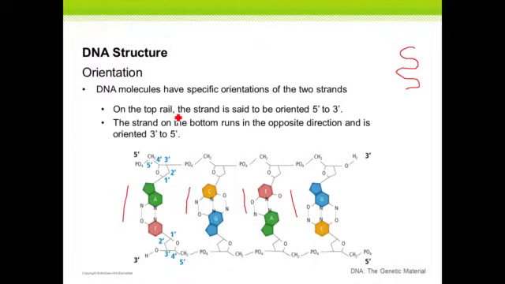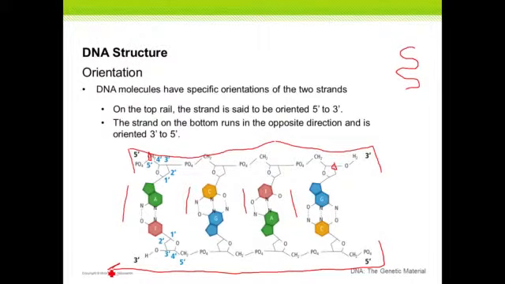It's actually pretty cool. Now, there are two strands on a DNA molecule. There's the top strand right here, which runs from 5' to 3'. The 5' just refers to the carbon right here, and the 3' just refers to the carbon right here. And it always runs this direction. The other strand runs in the opposite direction. So one runs this way and one runs this way.